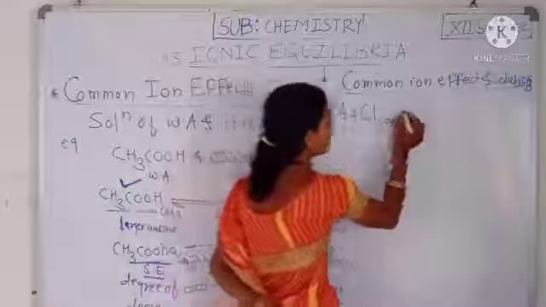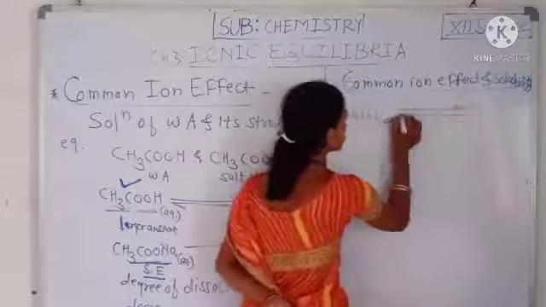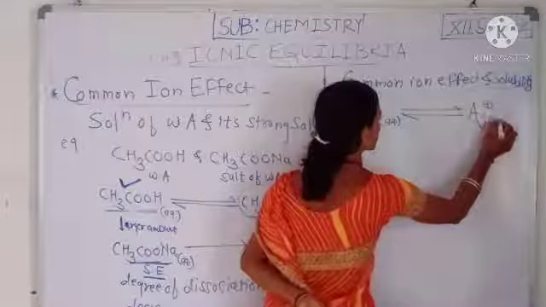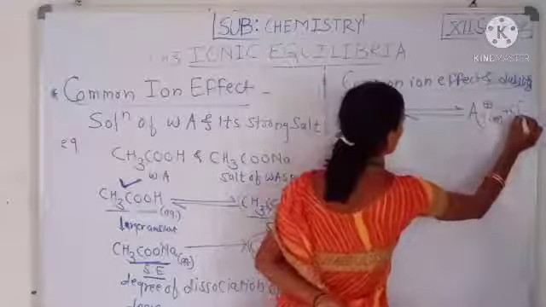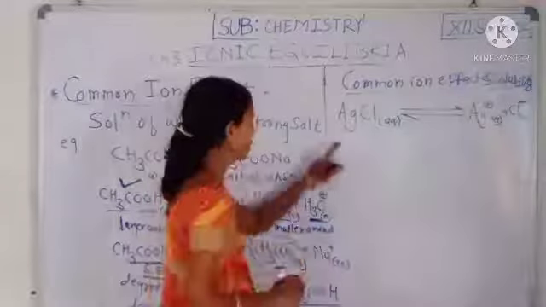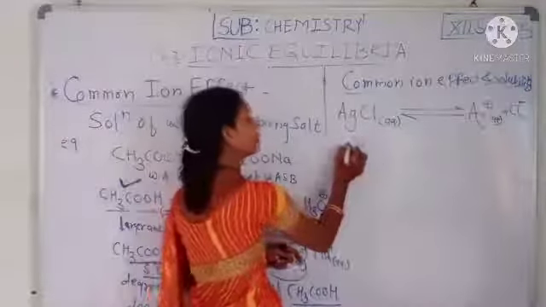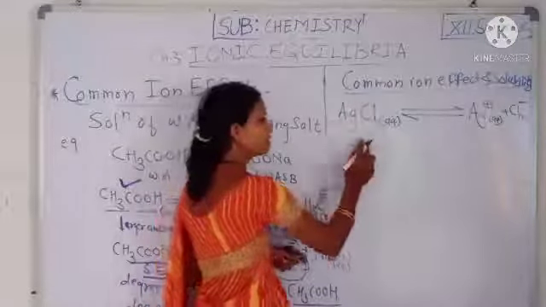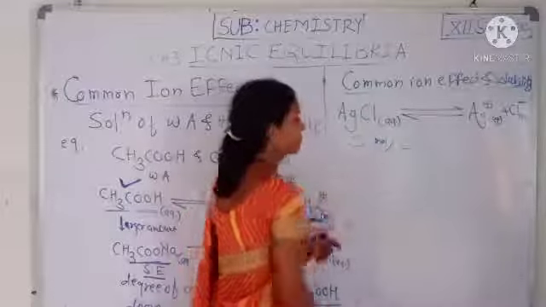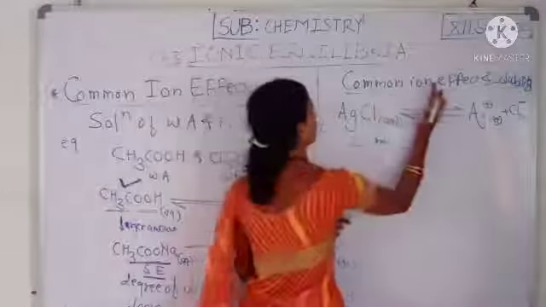When dissolved in aqueous medium, it dissociates to give Ag plus and Cl minus ions, and the solubility of AgCl is S mole per liter when equilibrium is attained.